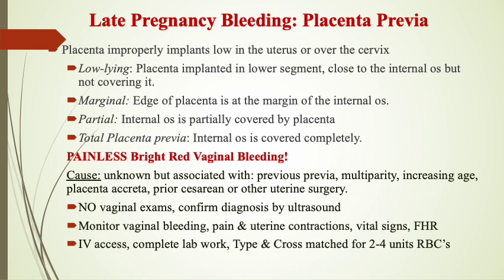When a patient has a placenta previa, they usually present with a painless bright red vaginal bleeding. This is why this is in red. So you cannot miss this. It's a painless bright red vaginal bleeding.